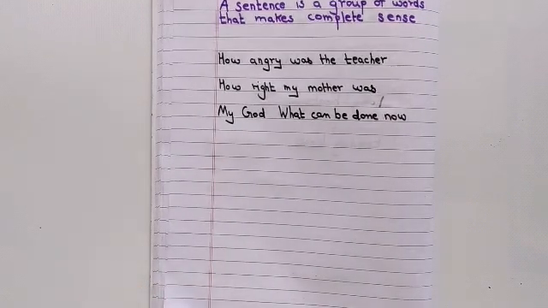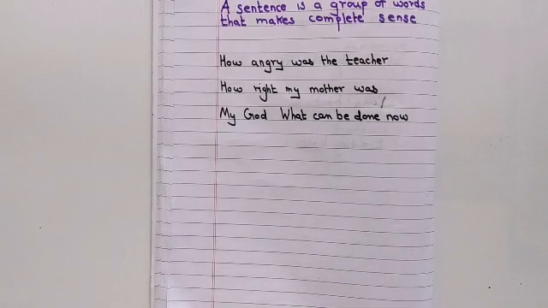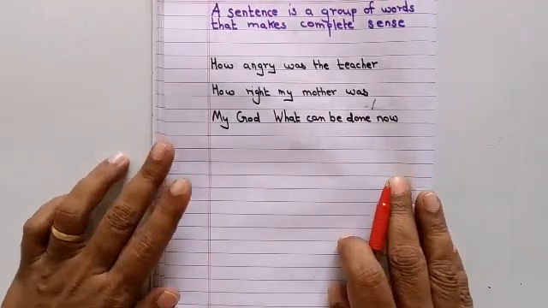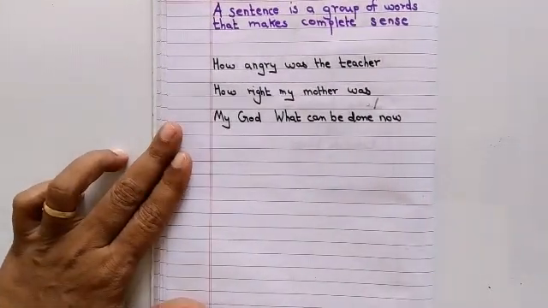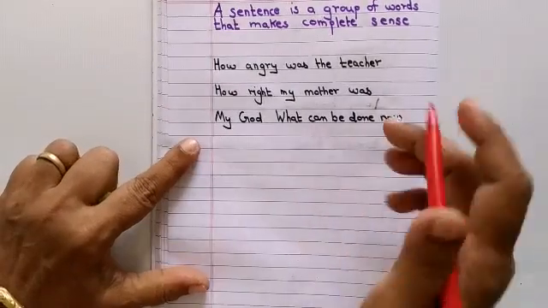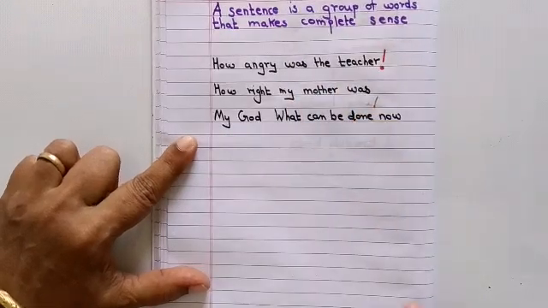How angry was the teacher? Am I asking a question here, children? Yes, sometimes you will make me angry. So how angry was the teacher? So what will come here, children? An exclamation mark. And where do I put this exclamation mark? Here at the end.